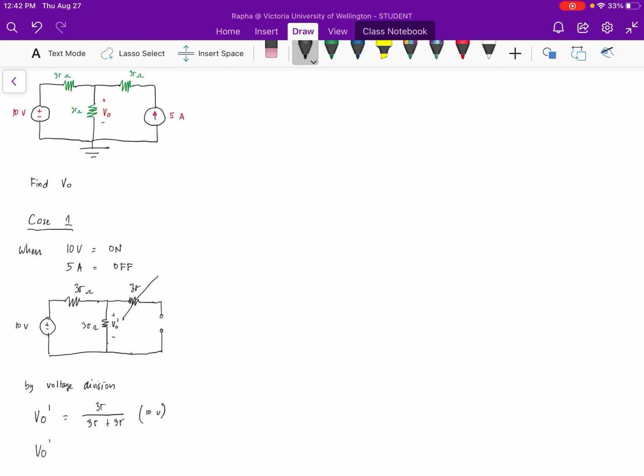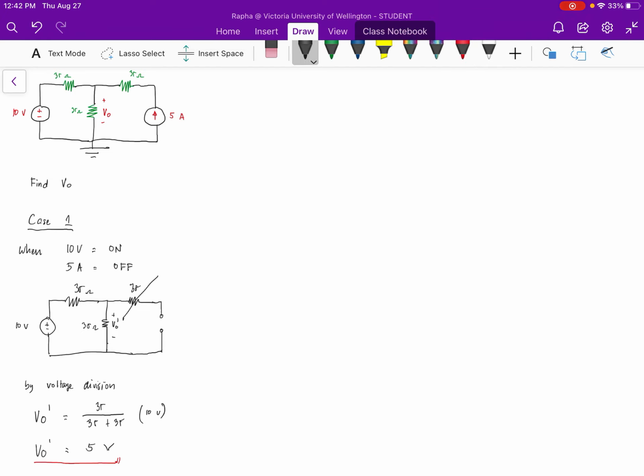VO single apostrophe would be equal to 5 volts. So we have our first part of the solution.